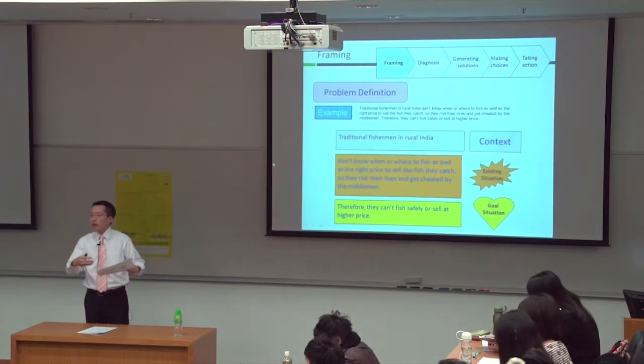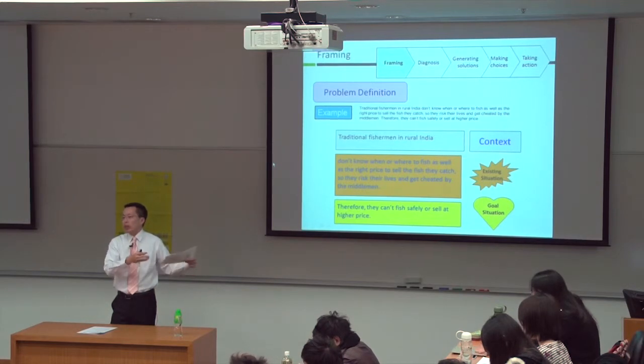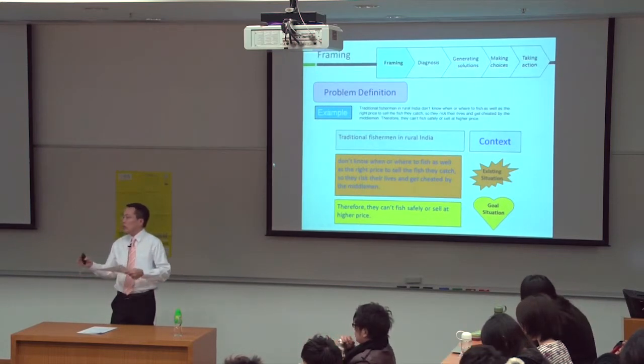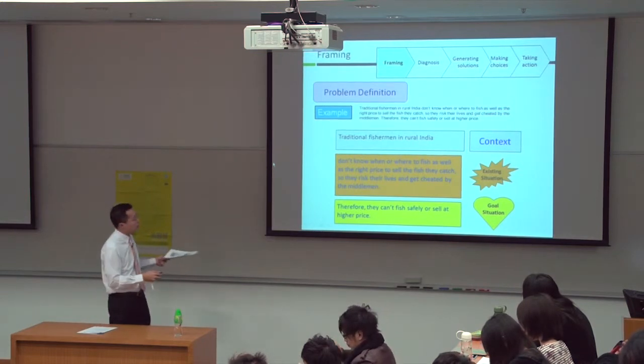And that framing process is important because we want to use the framed problem definition to find out the solution. If you frame it properly, you have a better chance to find the solution. Let's take a look at that.